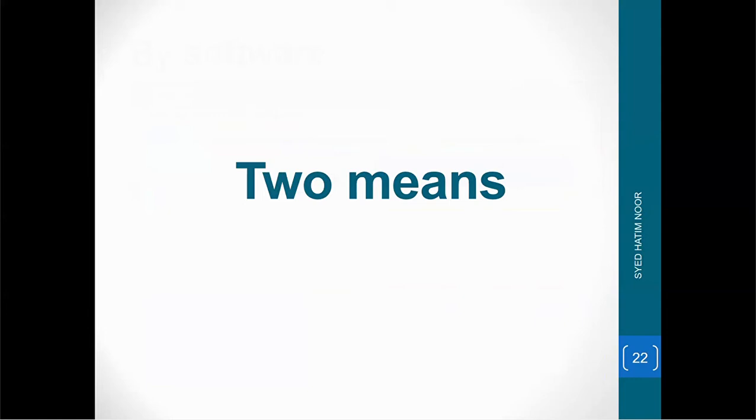Now, let's say you want to compare between two groups. For example, your research question is: is there any difference of radiation between chest X-ray and CT scan?